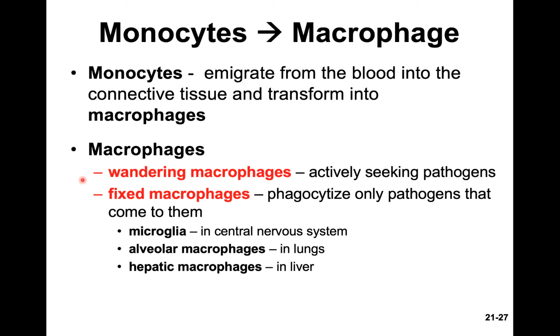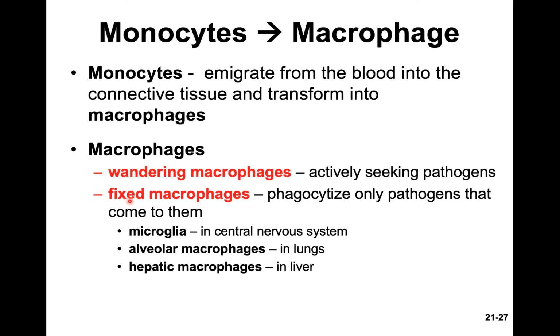And these guys go around your body actively looking for pathogens in general, not a specific pathogen, just a general pathogen that has a foreign antigen that we don't recognize. It seeks it. Once it finds it, it does phagocytosis.